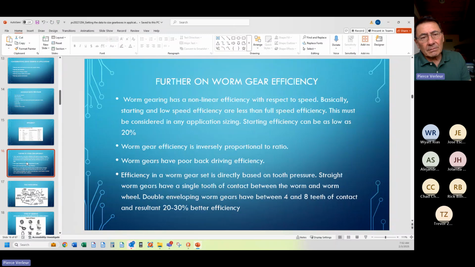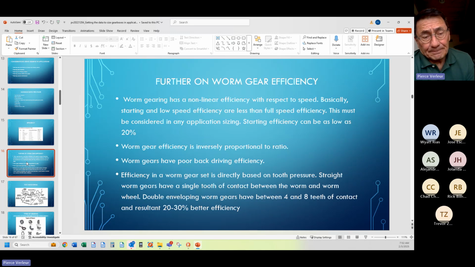In the case of a worm, because of its poor back driving efficiency relative to its forward driving efficiency, the worm gear is going to absorb a lot of that force of the load trying to accelerate based on the gravity of the downhill side of the hill. And then the motor doesn't have to do as much work. If you make the ratio of the worm high enough, in some cases, it'll stop the load because its back driving efficiency is that poor.